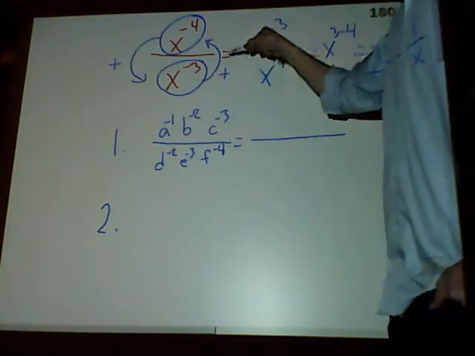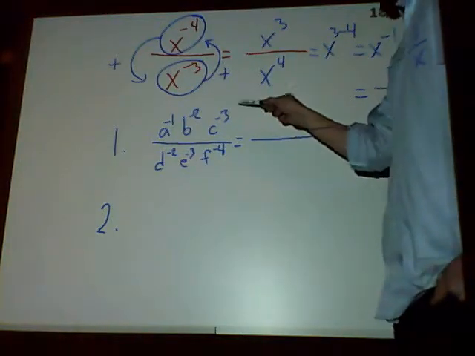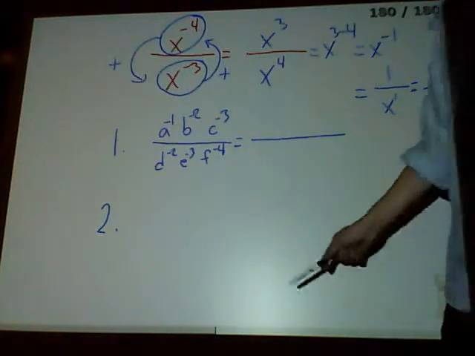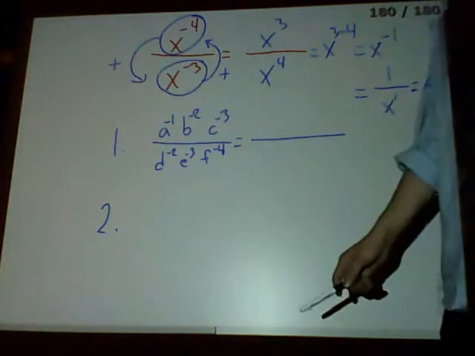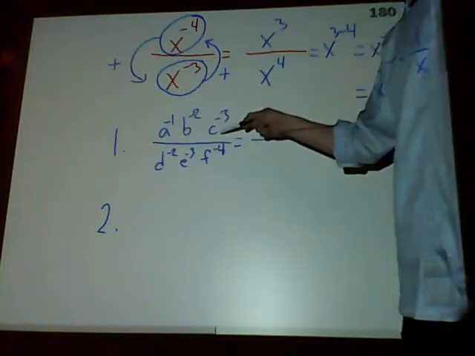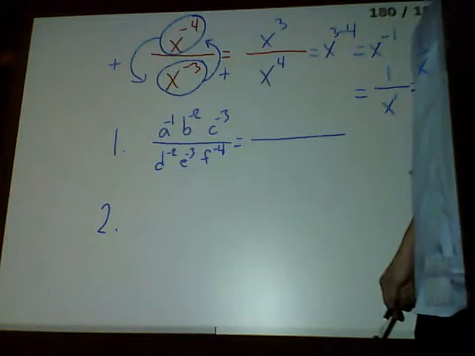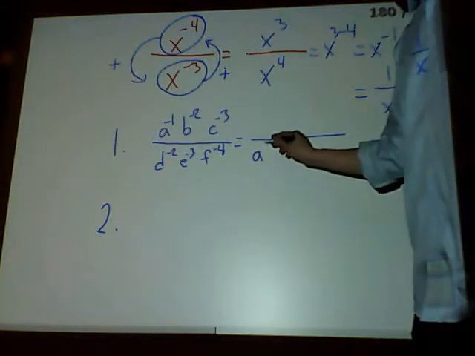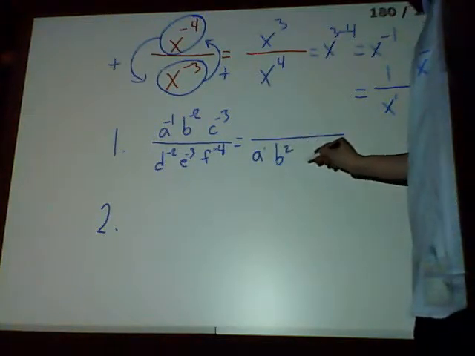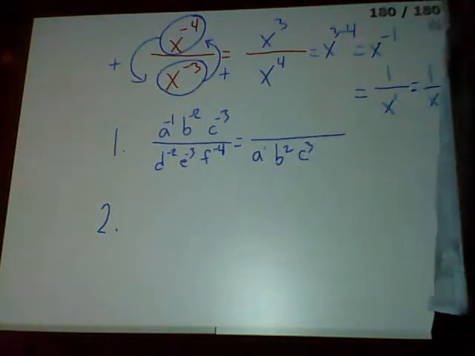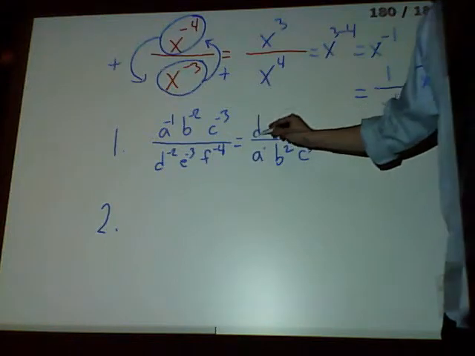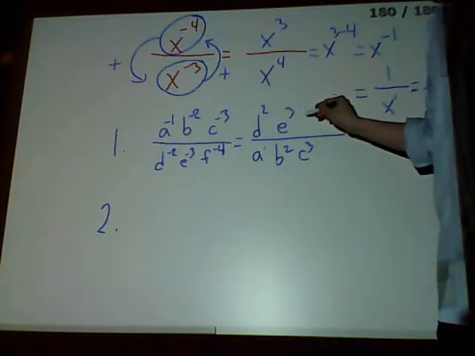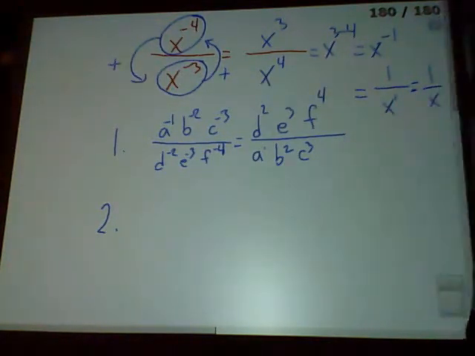So if the exponent's negative, you're going to move it to the top or the bottom. Wherever it's at, move it to the other side. So, are all of these negative? They all are. Are they all going to move to the bottom? Yes. Negatives move to the bottom and become positive. So on bottom, we're going to have a to the positive 1, b to the positive 2, c to the positive 3. And on top, we'll have d to the positive 2, e to the positive 3, and f to the positive 4. All right?